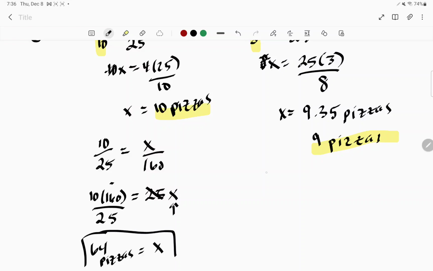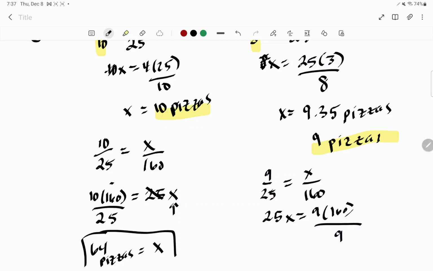And now, if we use the ratio of 9 to 25, 9 pizzas for every 25 kiddos at the camp, we're planning for 160 kiddos. Then we would cross multiply. 25x is equal to 9 times 160. So we would divide out that 25, not the 9. And you would get x is equal to 59.84 or 60 pizzas.